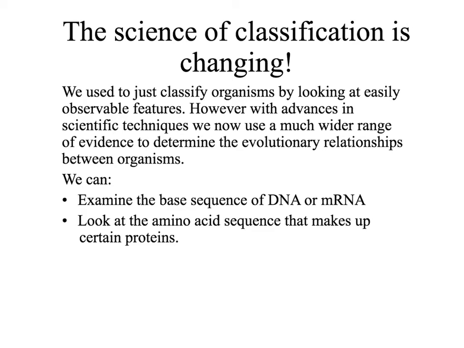We can look at the amino acid sequence that makes up certain proteins, because we know that that directly links to what their mRNA was like, what their DNA was like. So these advances have made investigating biodiversity a lot easier in a lot of ways, but actually a lot more challenging. So we're going to explore some of these techniques and see what the future holds.